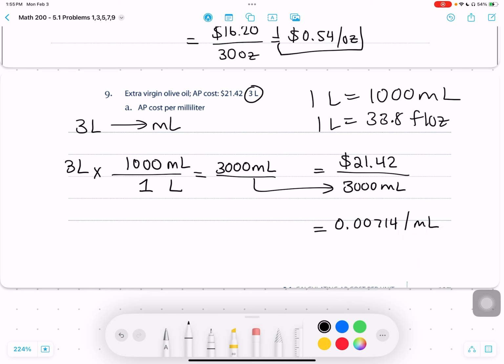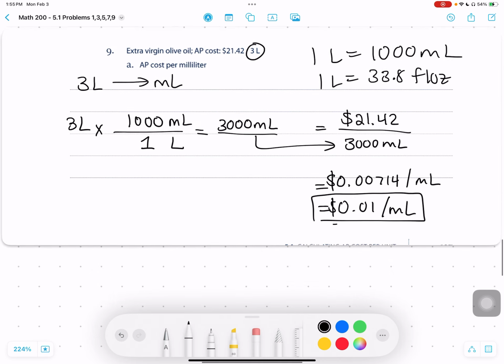But this is money, so we can round all of these numbers. I'm just going to round to 1 cent per mL. Remember, the smaller the unit, the smaller the price per unit that you're going to have. Milliliters is a really, really small number, so you're paying very, very little money for this.